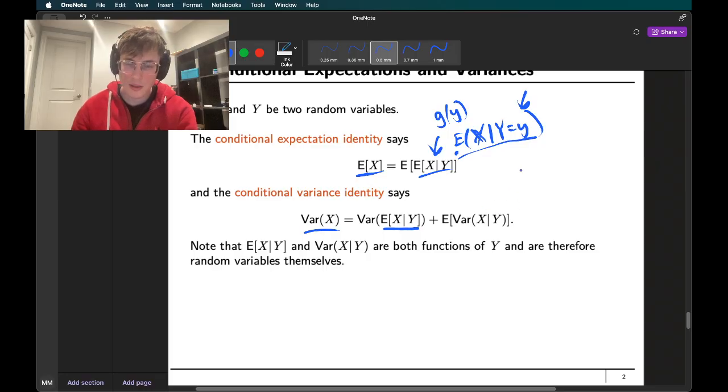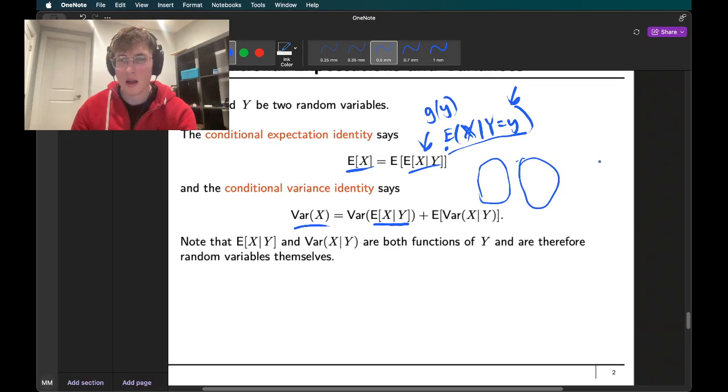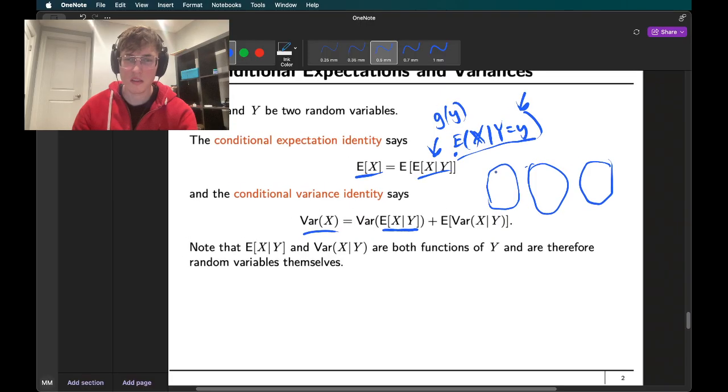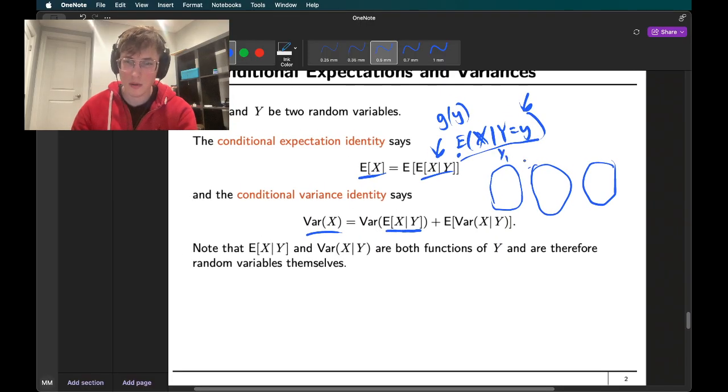So again, if Y partitions the space into a set of possibilities, this is just an example. Let's say there are three possible values for Y: y1, y2, y3.